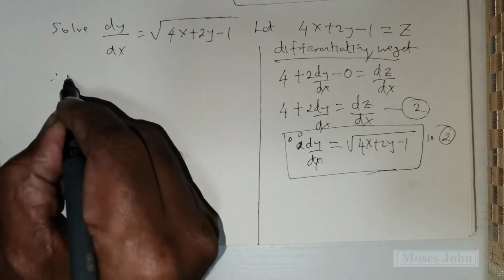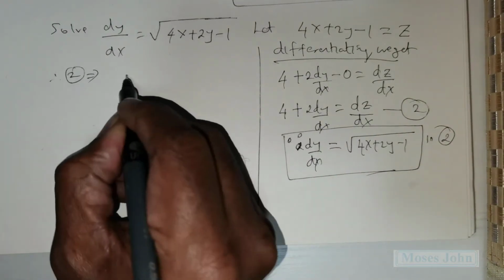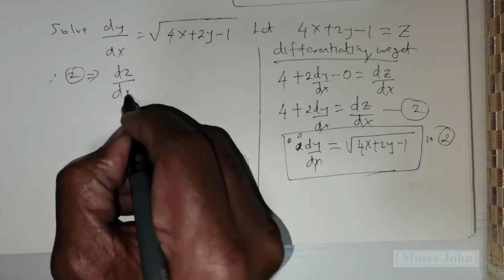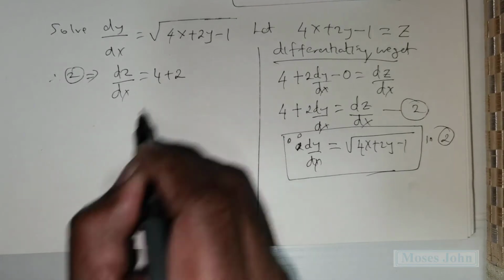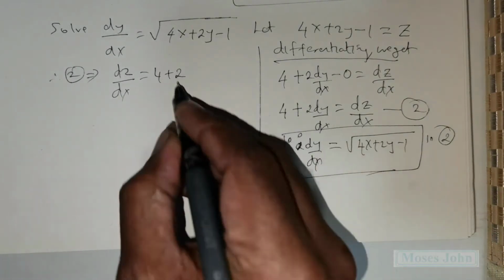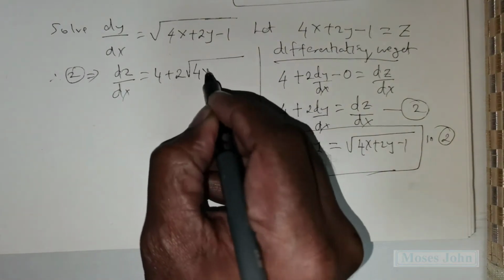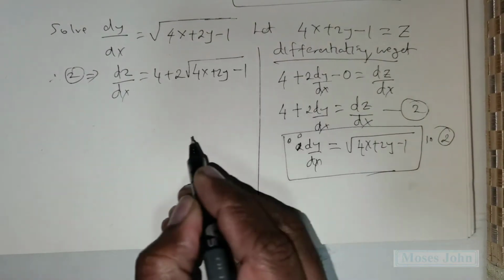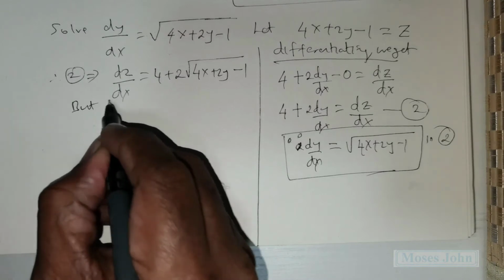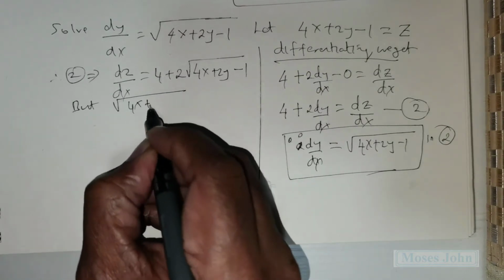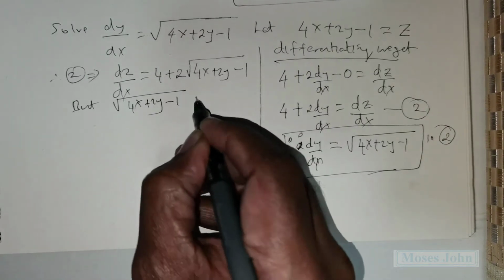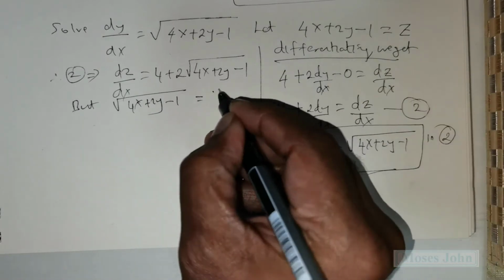So 2 becomes dz/dx = 4 + 2 times, in place of dy/dx, I substitute root of (4x + 2y - 1). But root of (4x + 2y - 1) is equal to z.